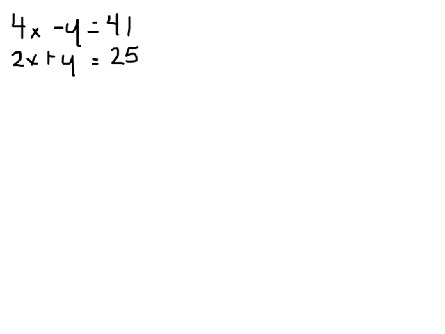All right, and then B, we have 4x minus y equals 41, 2x plus y equals 25. So I'm going to take this one because everything is positive, so I don't have to mess with negatives right now. So 2x plus y equals 25.